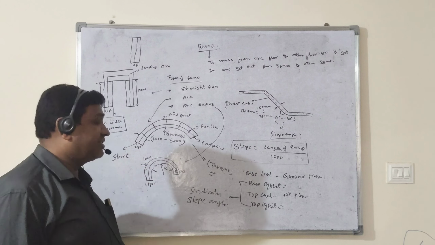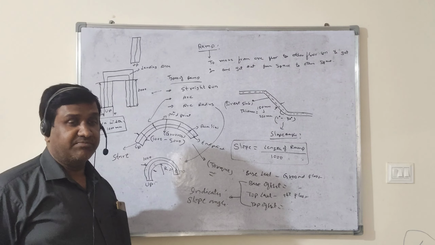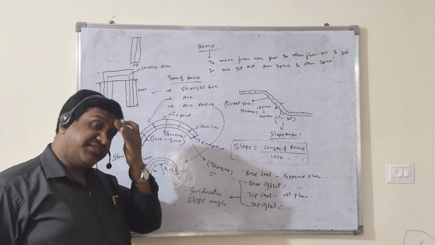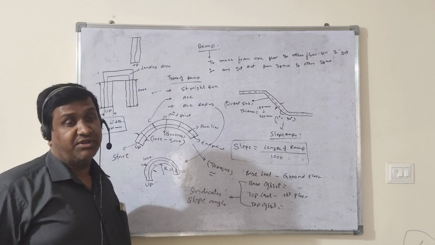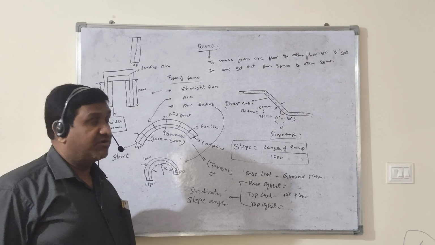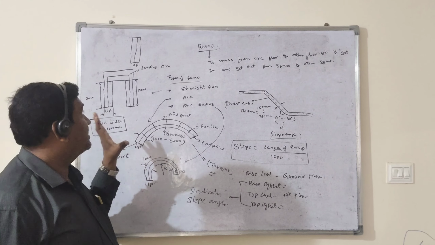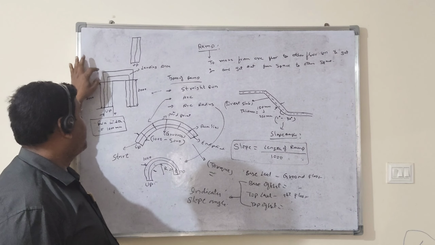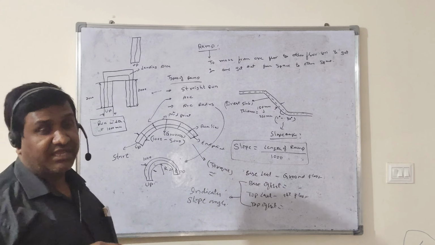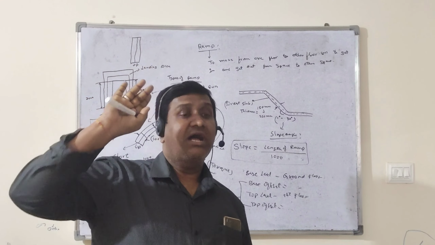But here the ramp width we can change, because depending on the area, depending on the size and the height from one floor to another floor, we will change the run width for the ramp. So like that, just remember. And in this ramp, the landing area will also appear, because we can land in that area and move again to the other floor.